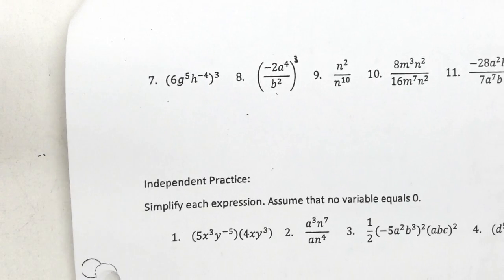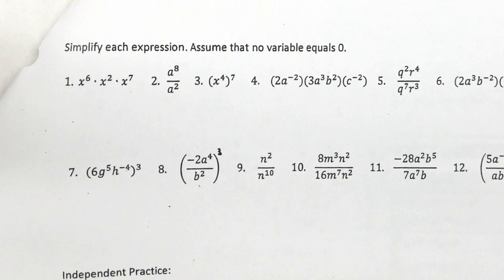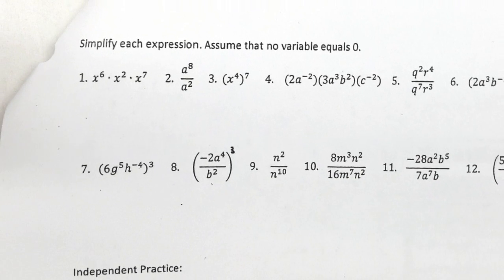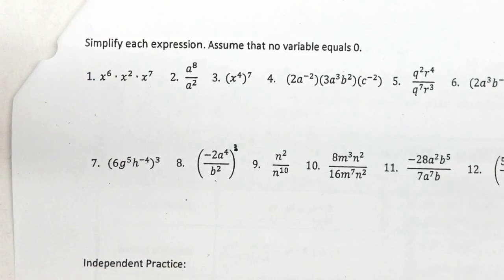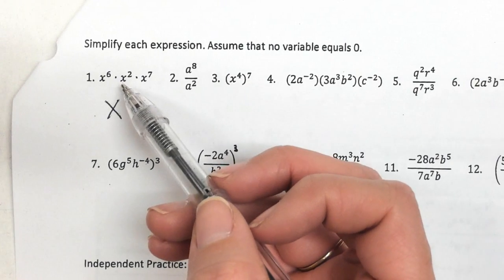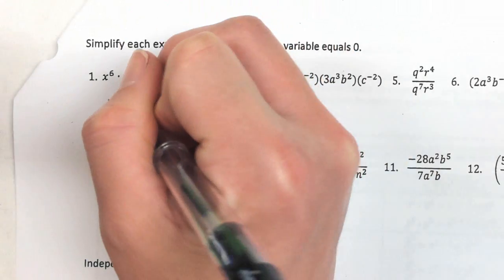So the 1 through 12 we're going to do together. 1 through 8 I'm going to let you kind of work on your own or with somebody. Alright, number 1. Do all of these have the same base? So we keep that base and do what with the exponents? So 6 plus 2 plus 7. That's it.